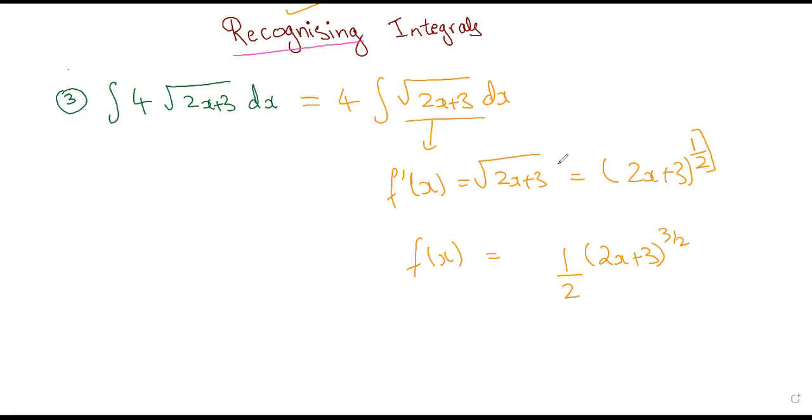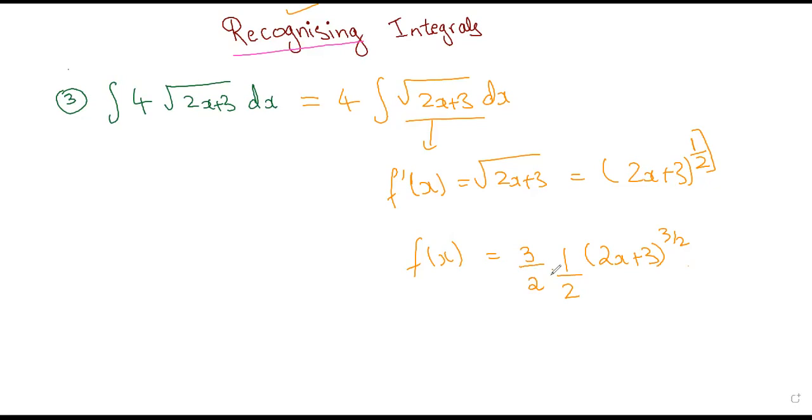Okay. So this basically means that the f of x would be 2x, okay, this is f of x. This would be 3 by 2.